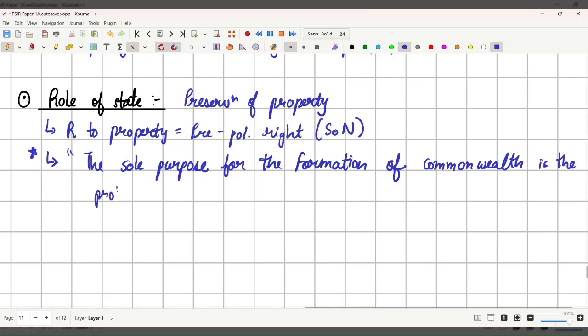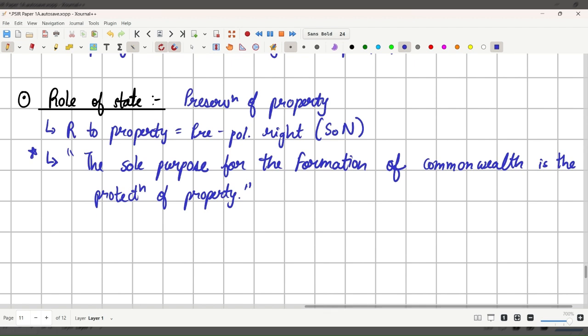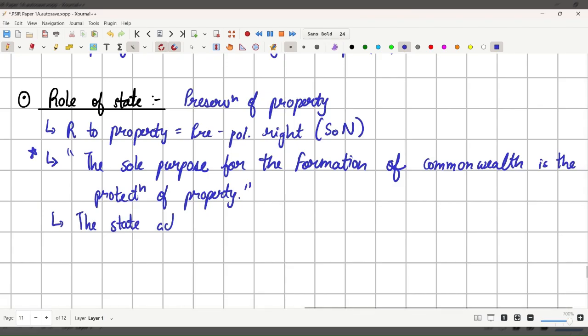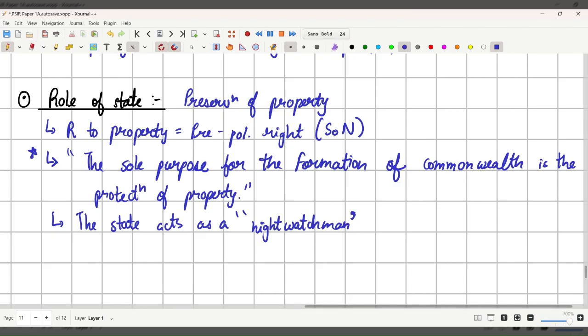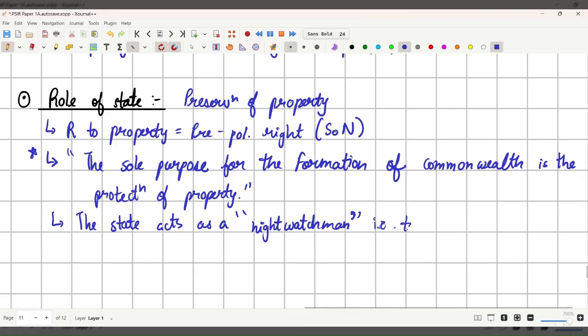So here the state acts as a night watchman, that is, to safeguard property.